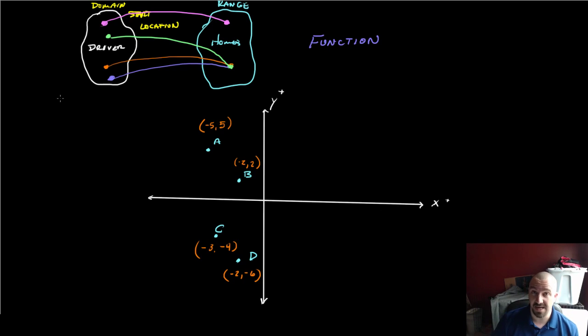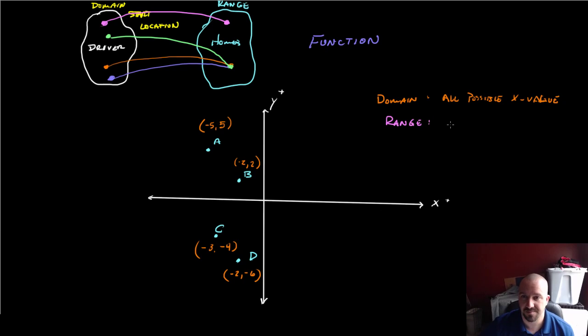So the domain are all possible x values. The range is all possible y values.